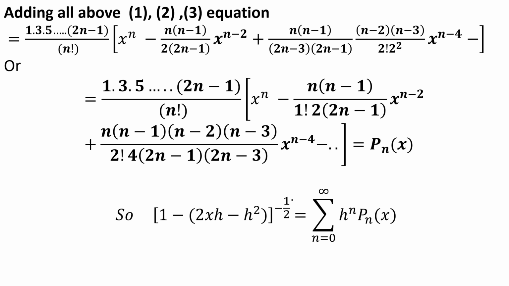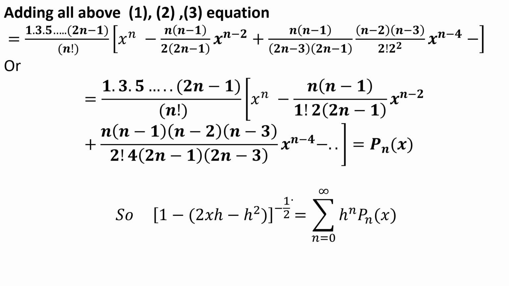So 2 factorial, 2 to the power 2 is 4, to make a symmetry, nothing else, because it was 1 factorial, 2 factorial, like that, and 2 and 4, like that, to make it symmetric, and so on. So this part is basically the Legendre polynomial, that is P_n(x).